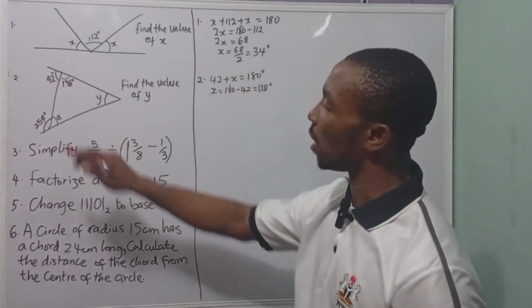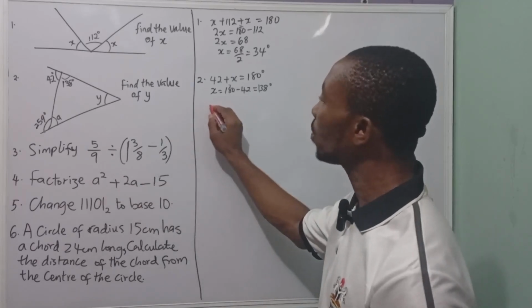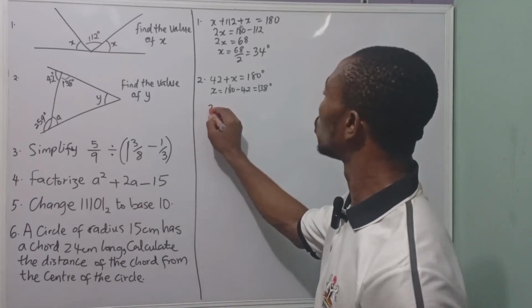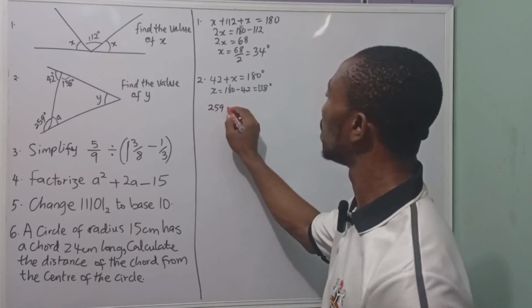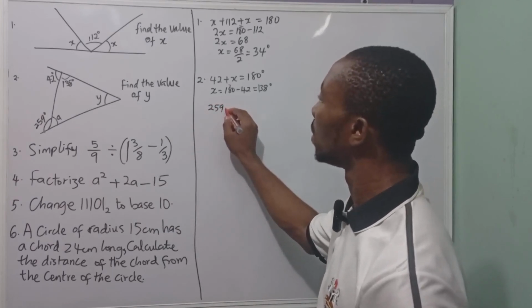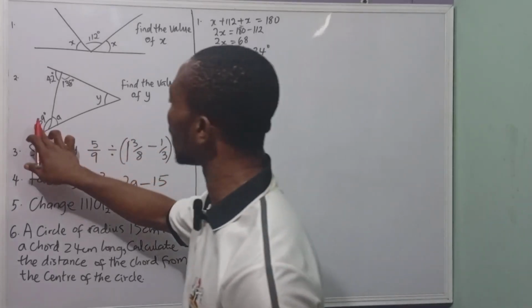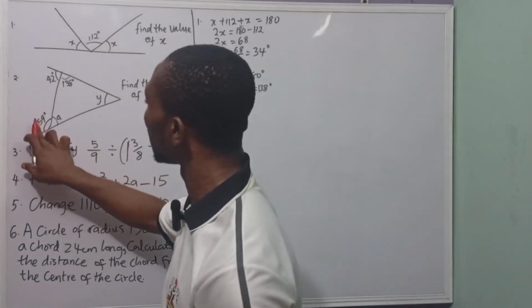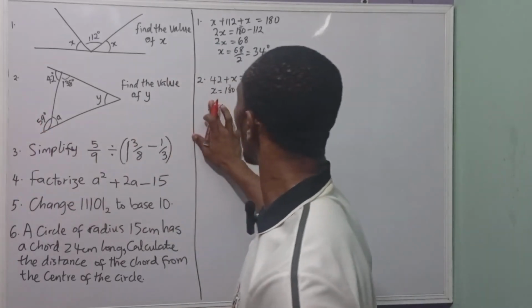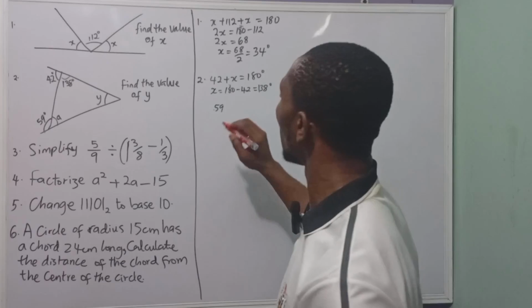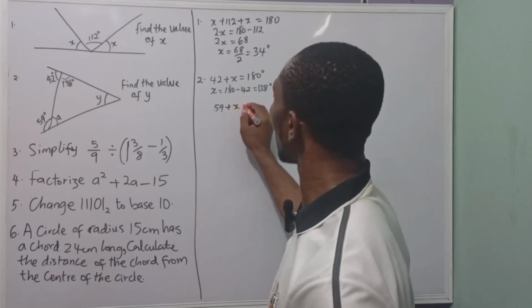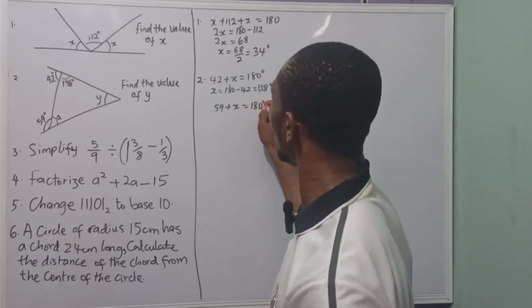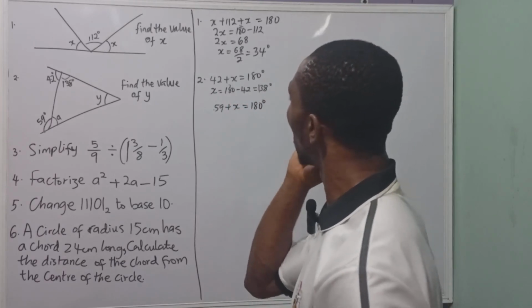Now for a, we have it as 59 plus x equals 180 degrees.